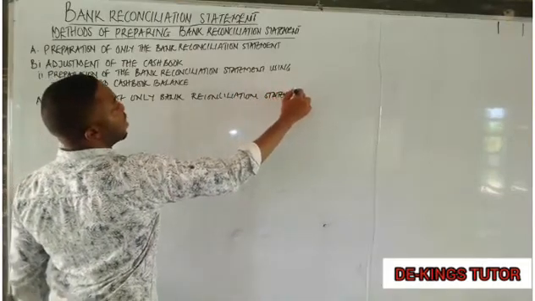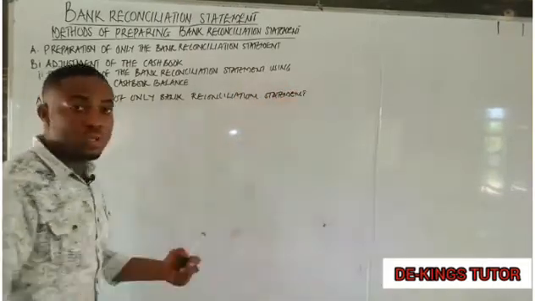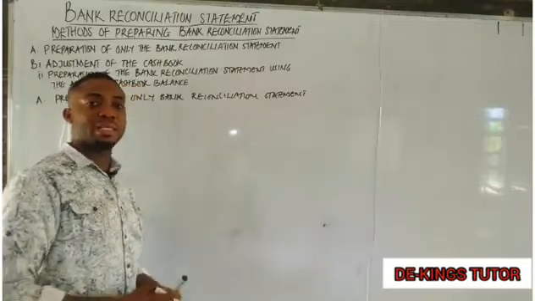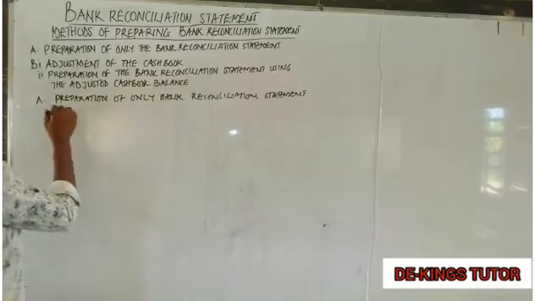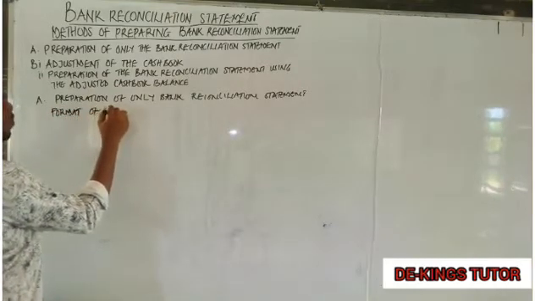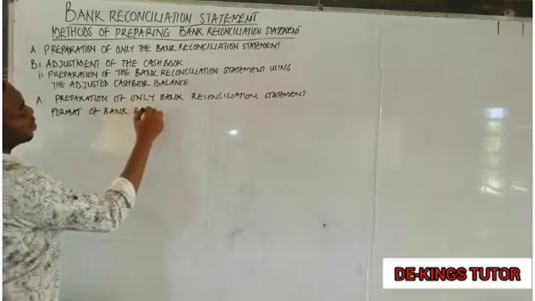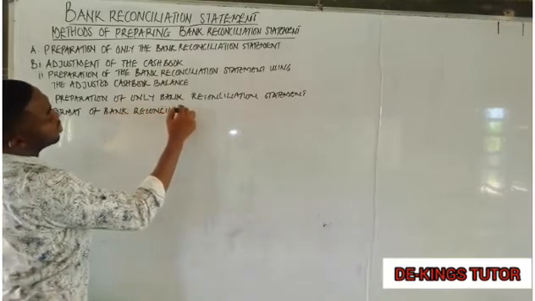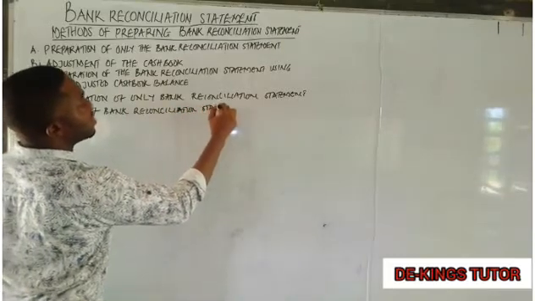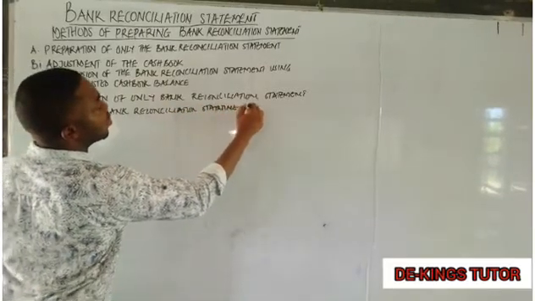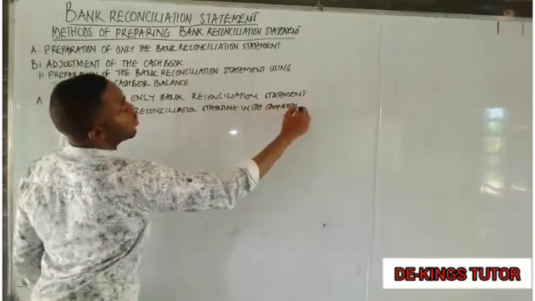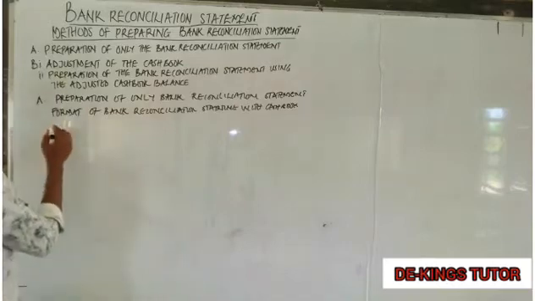We're going to see that when we are starting with the cash book and also when we are starting with the bank statement. First, the format of a bank reconciliation starting with the cash book.